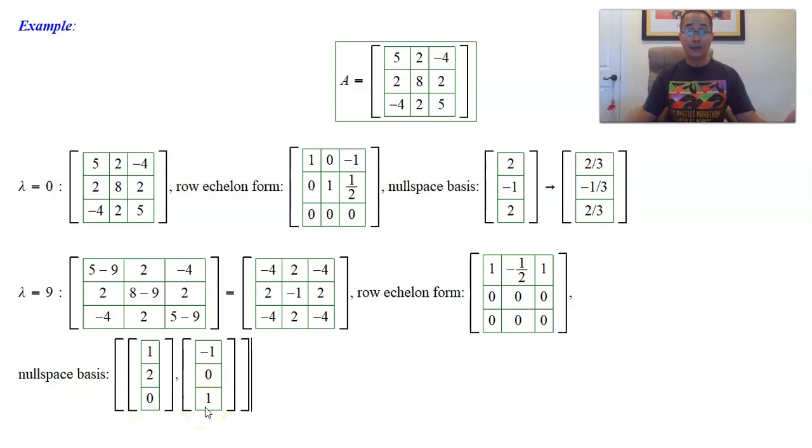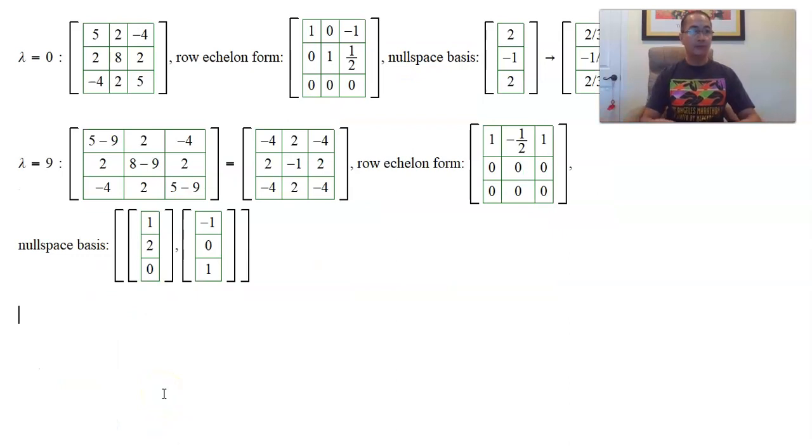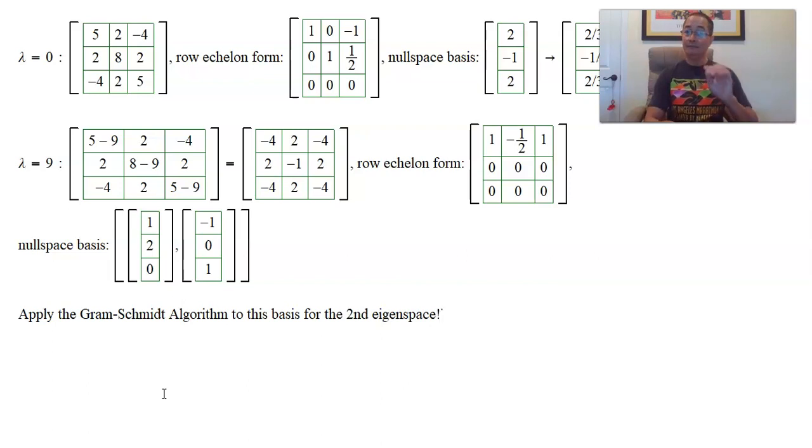The dot product is -1, not 0. So guess what? The Gram Schmidt algorithm comes in. What we're going to do is apply the Gram Schmidt algorithm to this basis for the second eigenspace.